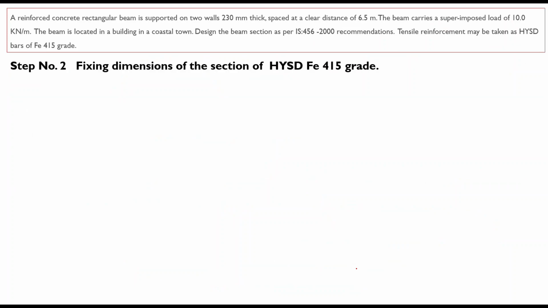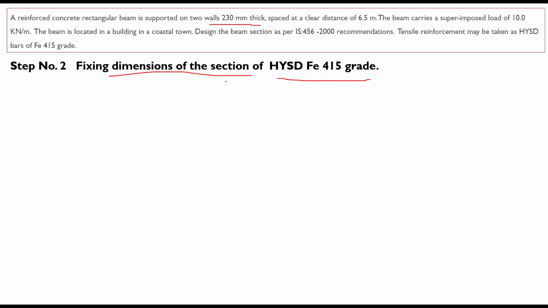Now step number 2. Here we have to fix the dimensions of the section and grade of steel. So how to fix the dimension? In the statement we have already gone through that only the wall thickness is mentioned. No dimension of the beam section is given, so we don't have any compulsion.